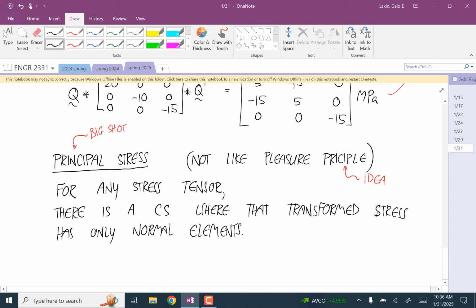That's weird, isn't it? You can make up any stress tensor that follows the rules of stress tensors, and somewhere there's a coordinate system that represents that same state, but everything is normals.